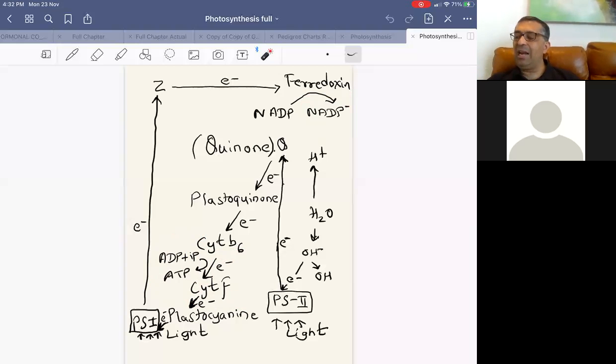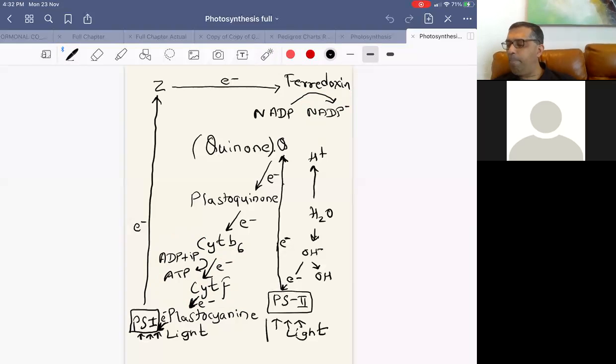This process repeats again. तो और एक बार ये प्रोसेस रिलीज होता है, तो वापस लाइट गिरती है and PS2 liberates one more electron. So now say two electrons are accepted by quinone and two electrons are given by quinone to plastoquinone. From plastoquinone, two electrons are given to cytochrome B6. That means 2 ADP plus 2 IP become 2 ATP.